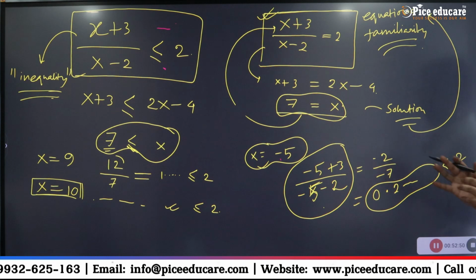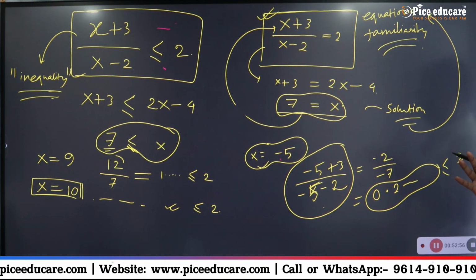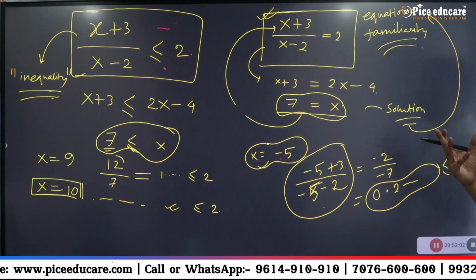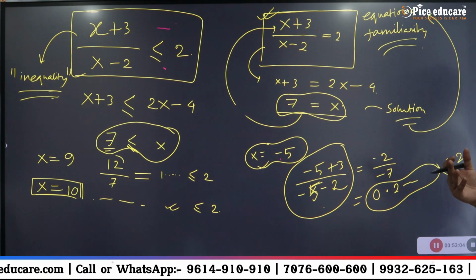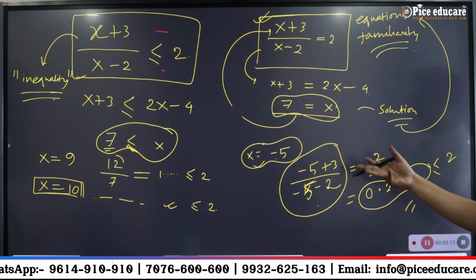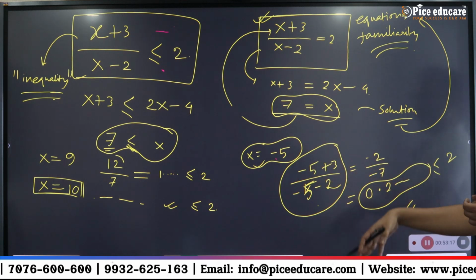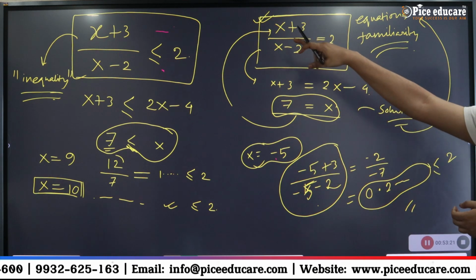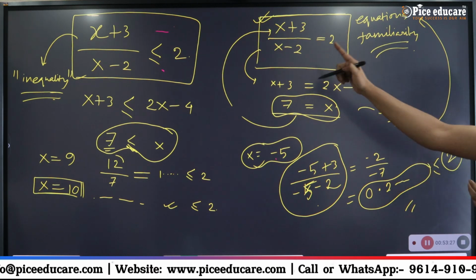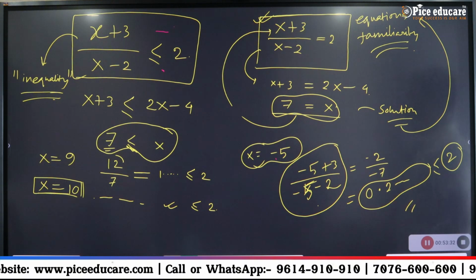So why is this thing happening? What have we missed? Take some 2-3 minutes and tell me what genuine or serious mistake I have made. I can give you multiple other values of x which are not bigger than or equal to 7, but if you put that value in this expression x plus 3 by x minus 2, you will see that the condition we are seeking, that this expression is less than or equal to 2, is still being met.